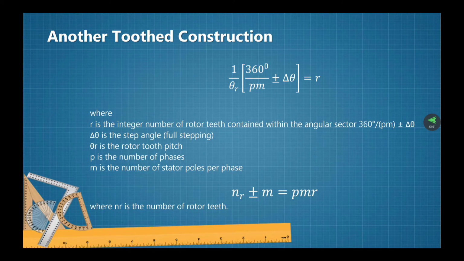And in a single tooth construction that I just presented, we have theta r not equal to theta s. An alternative design possibility exists where theta r equals theta s.